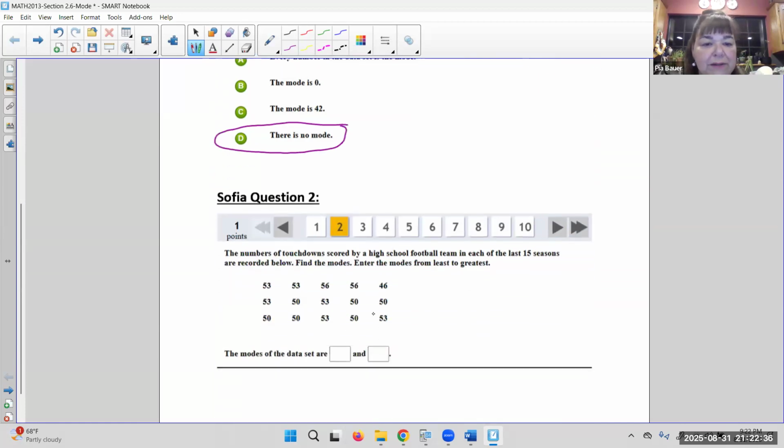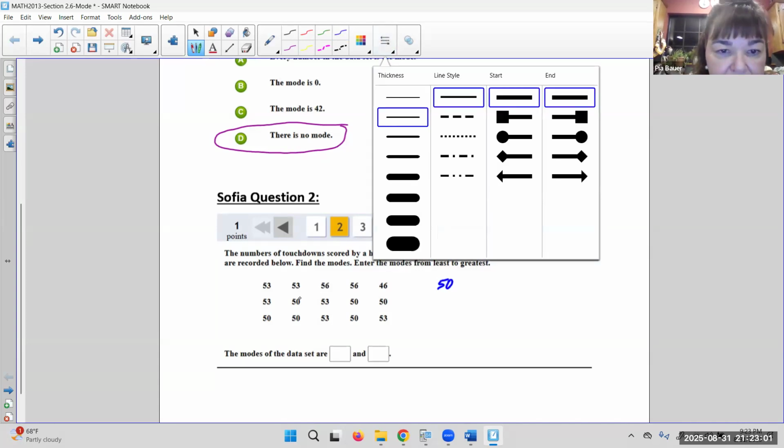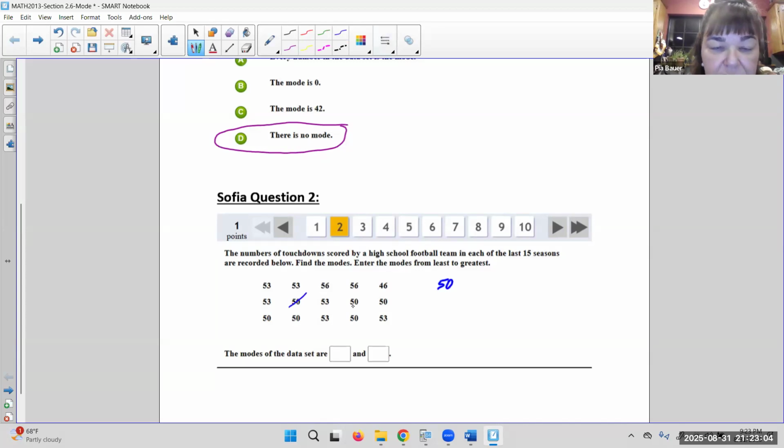Now, the next one, the numbers of touchdowns scored by a high school football team in each of the last 15 seasons are recorded. Find the modes, enter the modes from least to greatest. Okay, so I'm gonna order them again. So I think the lowest one is 50. So I have 50 once, twice, 3, 4, 5 times.